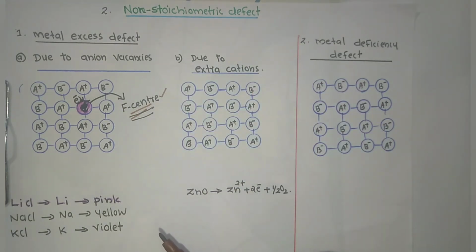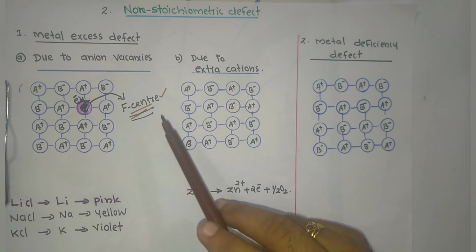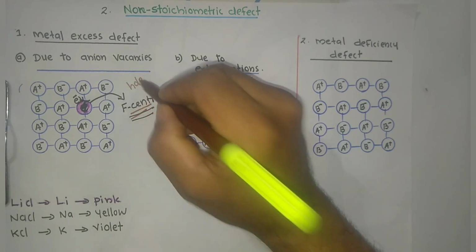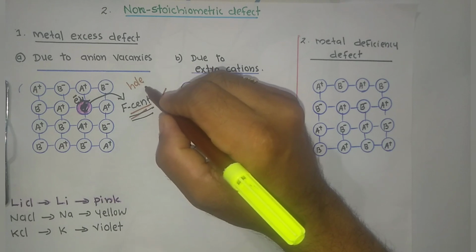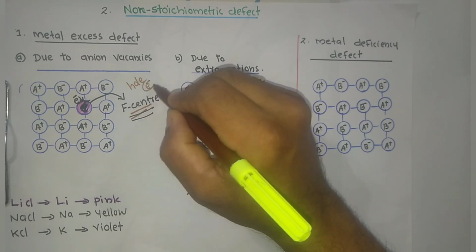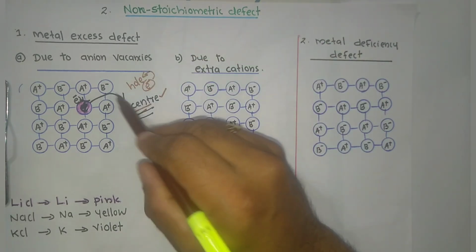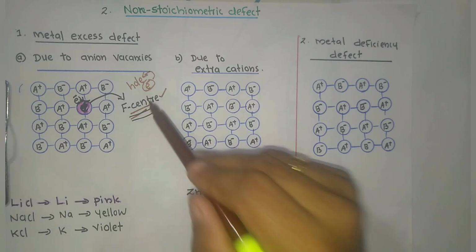Once more. In metal excess defect due to anion vacancy, a hole is created. Then, in order to get electrical balance, electrons are trapped at the vacancy of this anion, that is the hole. This center is called F center. It imparts a particular color to the crystal.